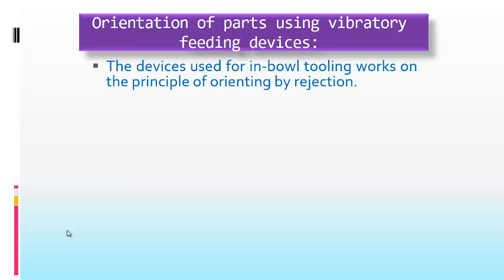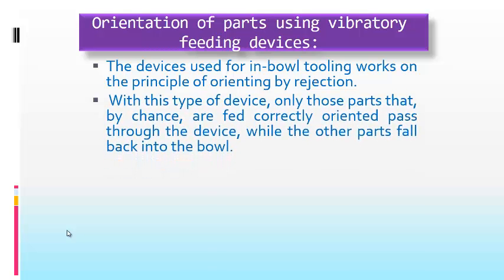If it is 25% efficiency, it is going to reject 75% of the parts which come in the orientations that are not required, and keep only the orientation which is required. With this type of device, only those parts that by chance are fed correctly oriented pass through, while the other parts fall back into the bowl.